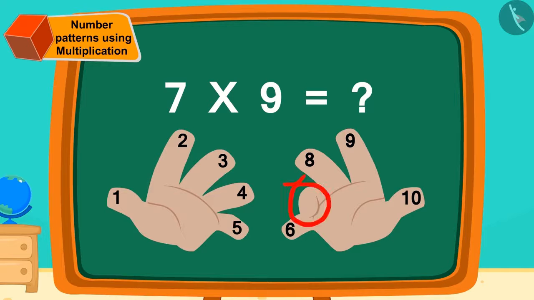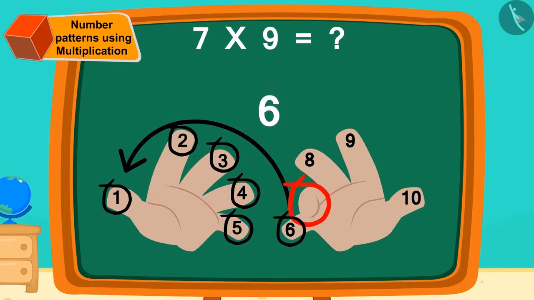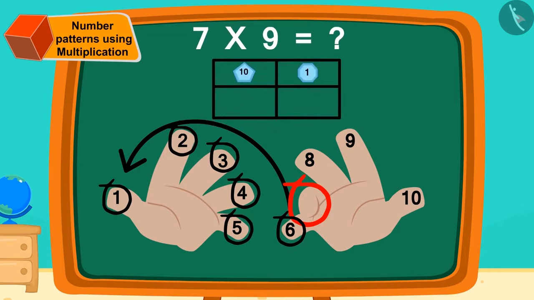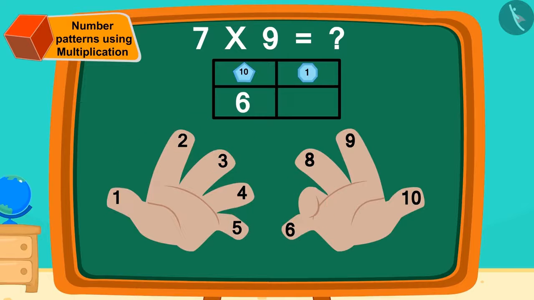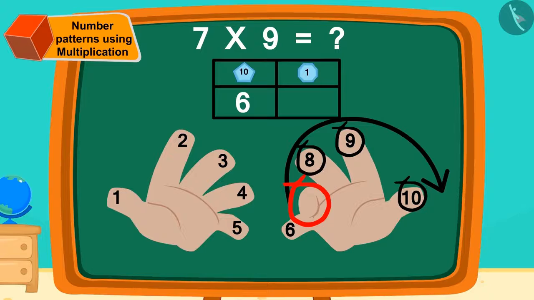Now, how many fingers are there on the left side of the bent finger? 6. In this way, we will write it in the tens digit place. Now, how many fingers are there on the right side of the bent finger? 3.